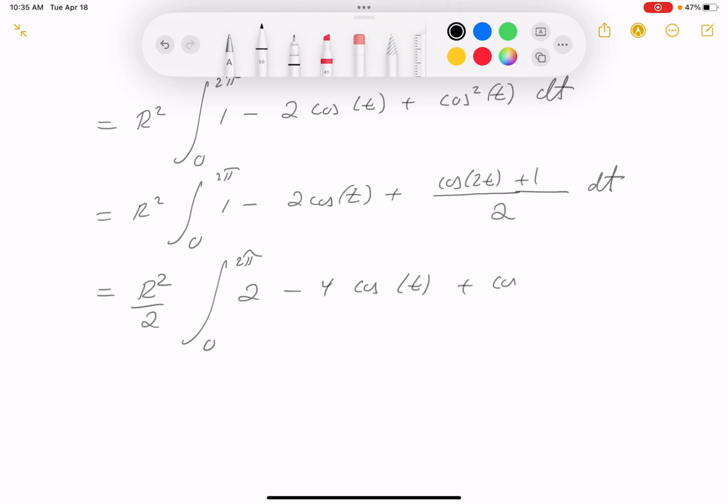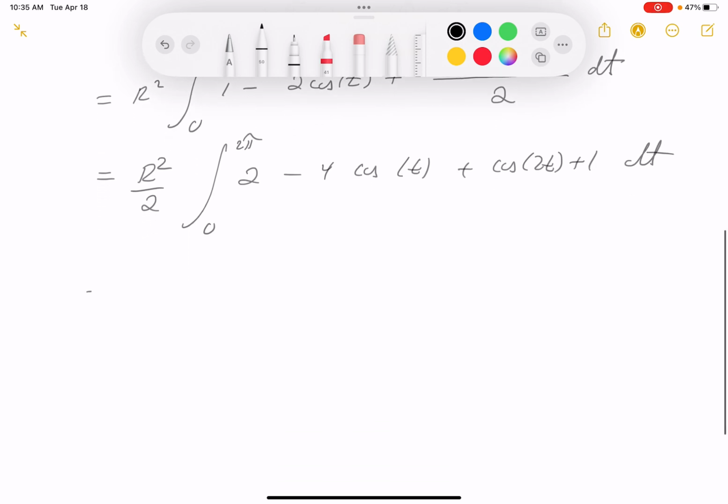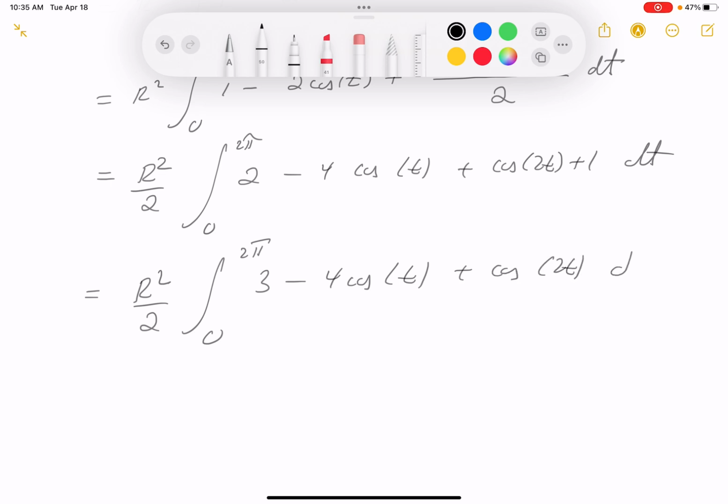And then I get cosine 2t plus 1 dt. Going to continue to simplify. This is going to be r squared over 2, and then I get 0 to 2 pi. Here I get 3 minus 4 cosine of t plus cosine of 2t dt.